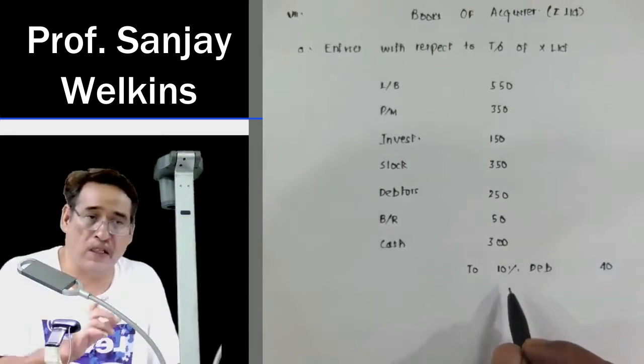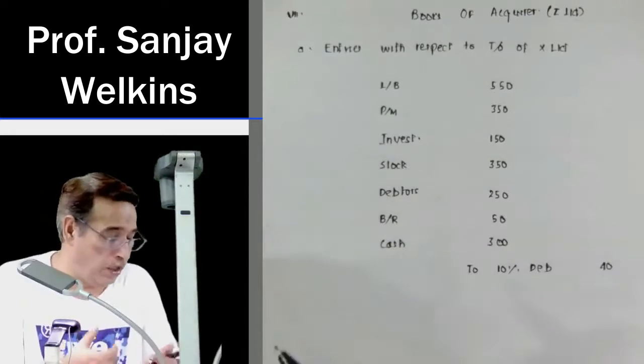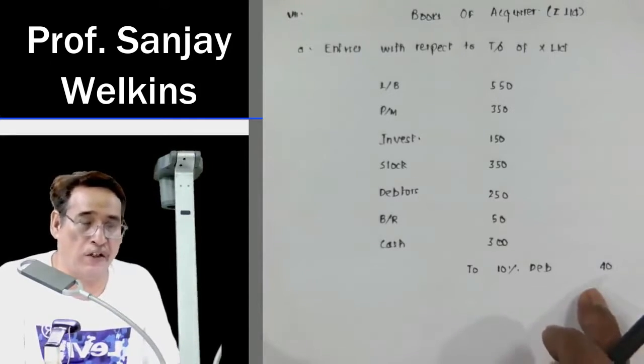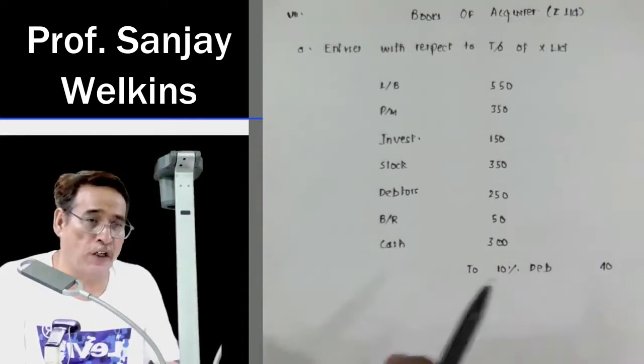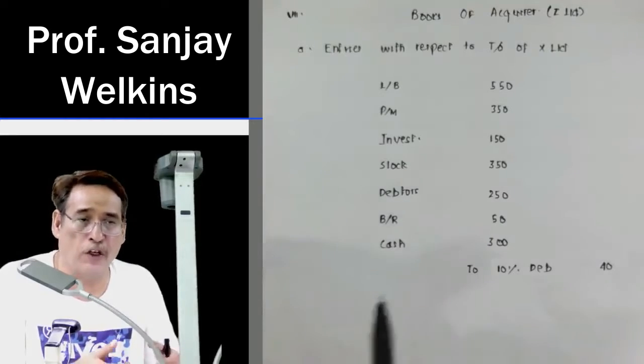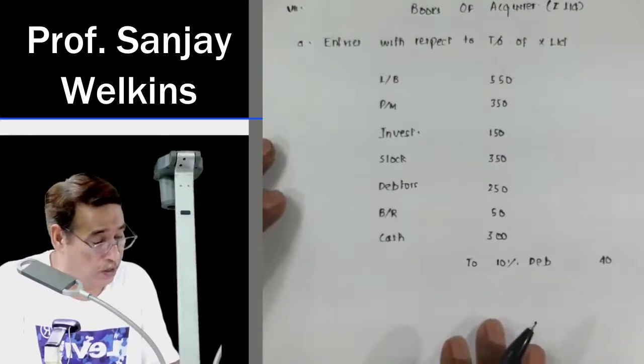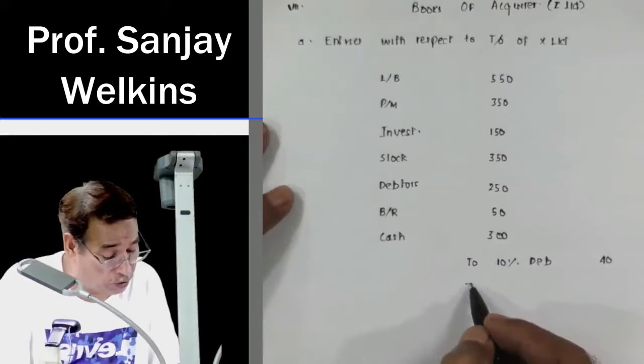That means 60 lakh worth of debentures are being taken over at 40 lakh. Now later on I will pass another entry to pay them off, 10% debenture 40 lakh to 15% debenture, because we are offering them 15% debenture as we did the computation in the very first step. So again you will have to exercise caution here.